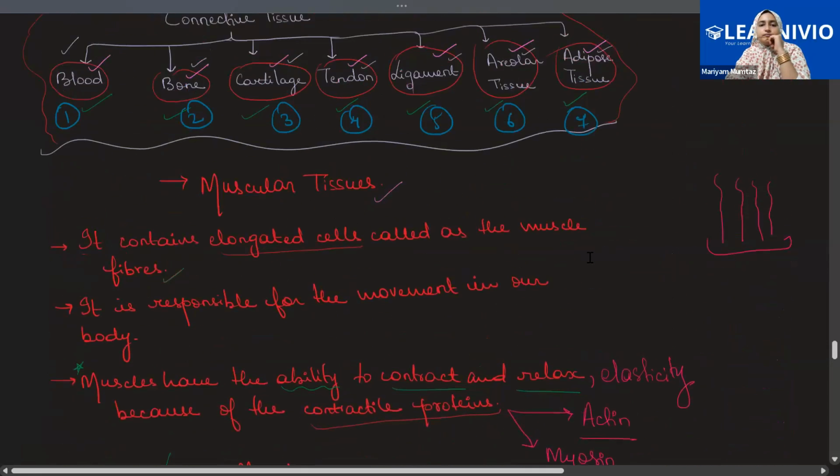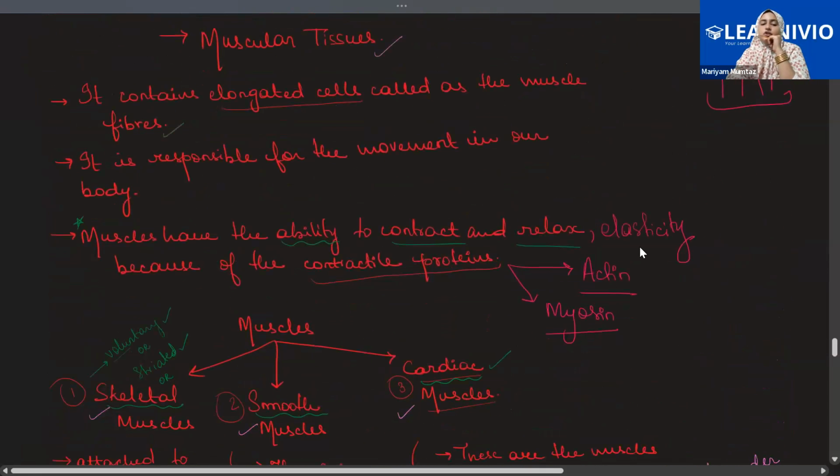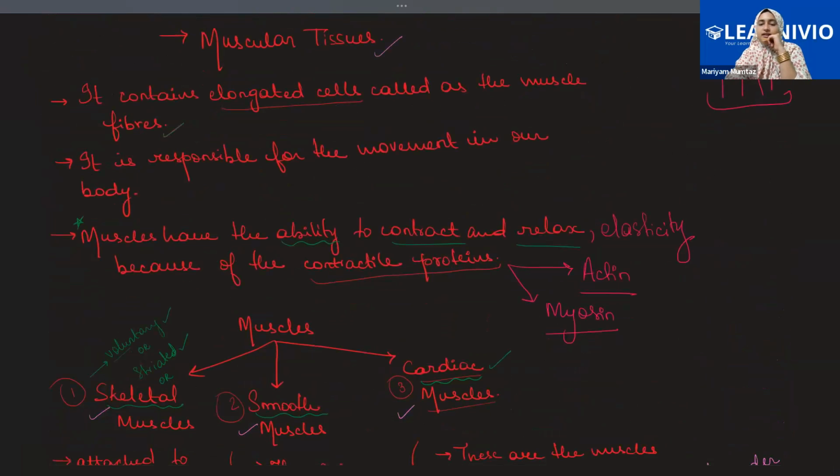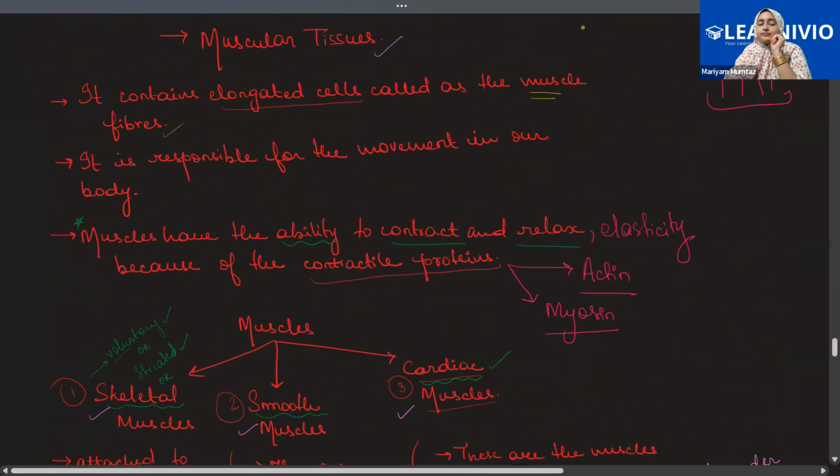Okay, all right. So when we talk about the muscular tissues, these are responsible for the movement in our body, and they are present in our muscle fibers. We have the muscles that are attached to the bones, and these muscular tissues are the ones that make the muscle that we have. It contains elongated cells that are called muscle fibers.